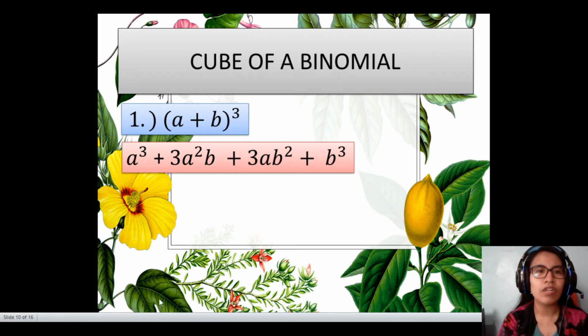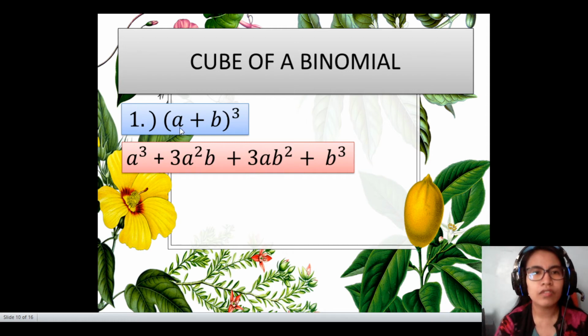Again, this is how I do it. I cube the first term, which is a. You have a cubed. Then square the first term this time, multiply it to b. So you have a squared b. Multiply it to 3. So I have 3a squared b.